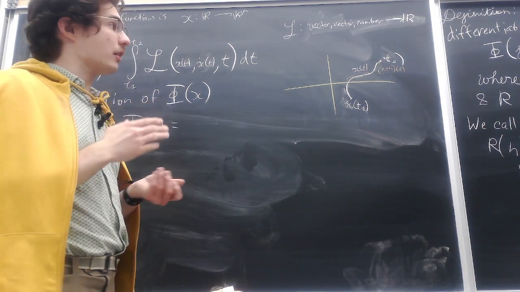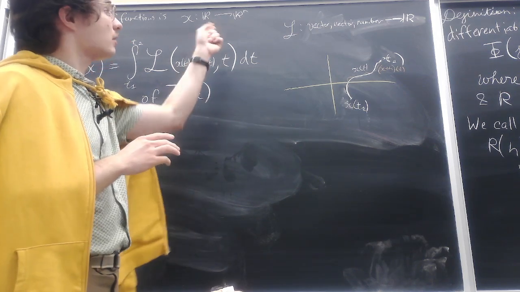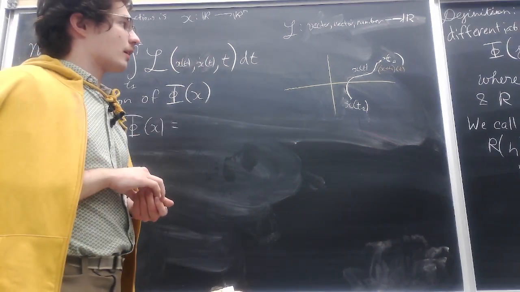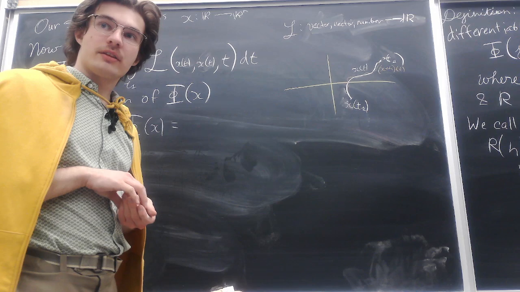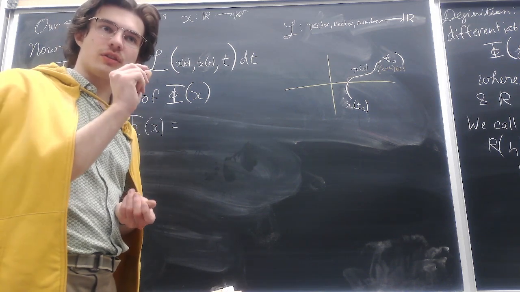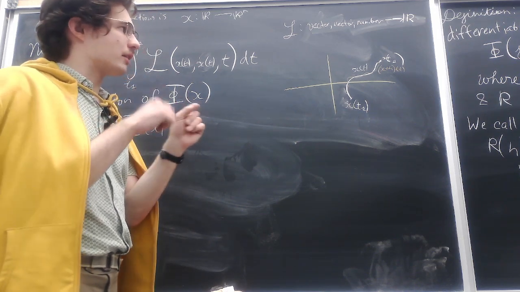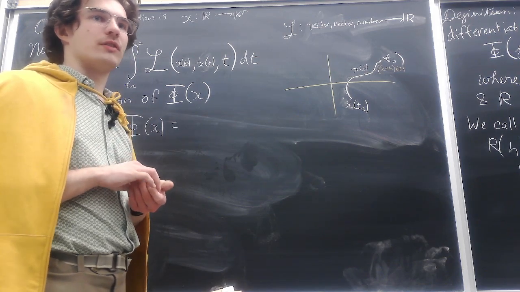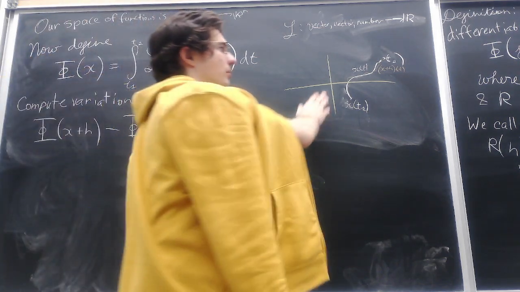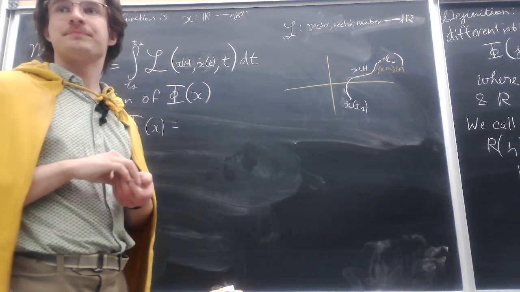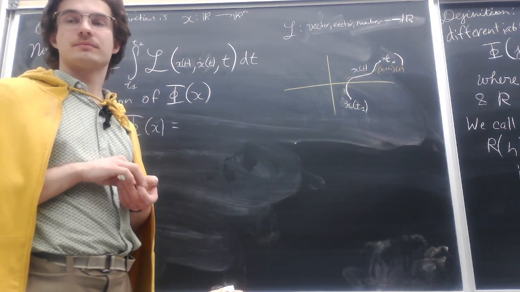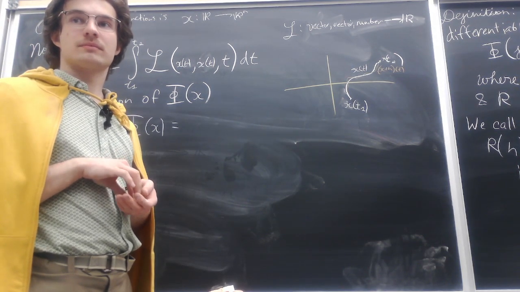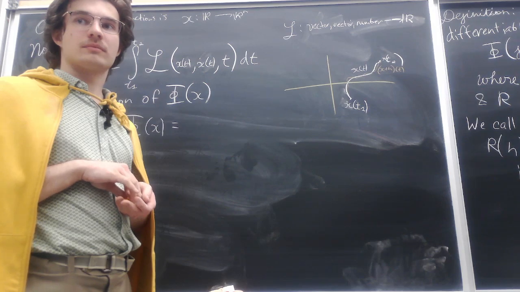X of t is a path in Rn. H is also a path in Rn, but I'm saying that H is a path that is very close to the origin. So if I add it to something else, it doesn't change it by too much. Because x and h are now outputting vectors of Rn, not elements of R.